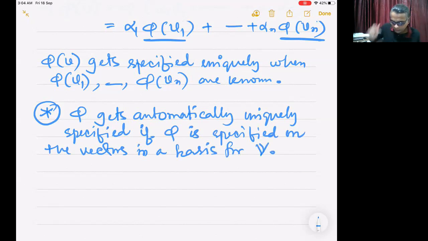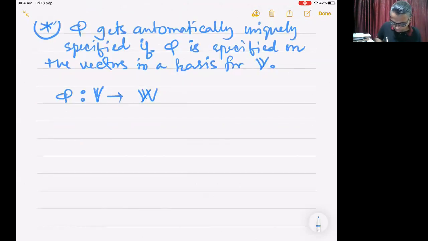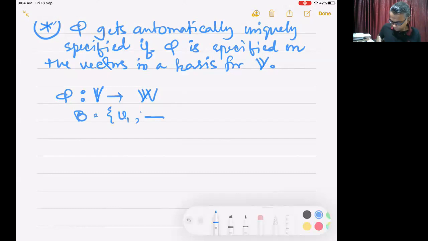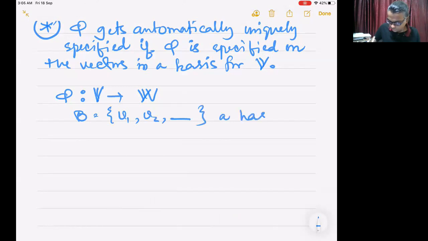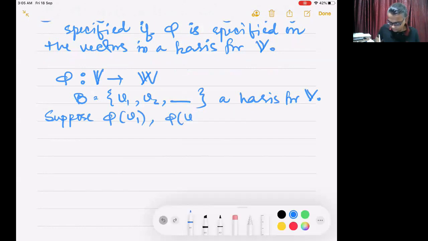So suppose phi is some map from V to W, and B equal to {V1, V2, ...} is a basis for V. Let me write this down this way, I think this would be better illustrated.